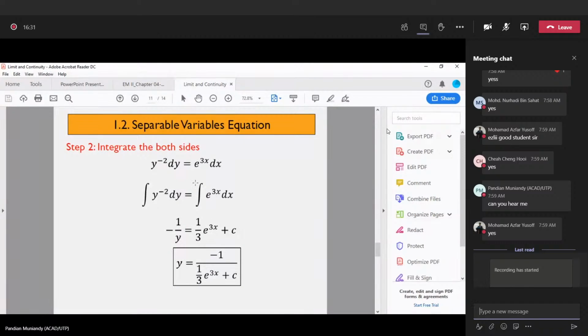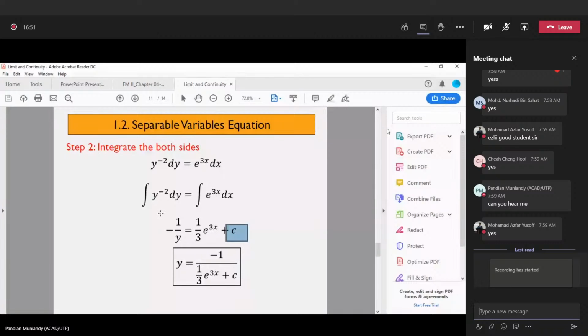The integration of e power 3x dx: because if you differentiate 3x, you get 3, so you divide by 3, giving 1 over 3 e power 3x plus c. We always put the constant on the right hand side, because y is the output, x is the input.